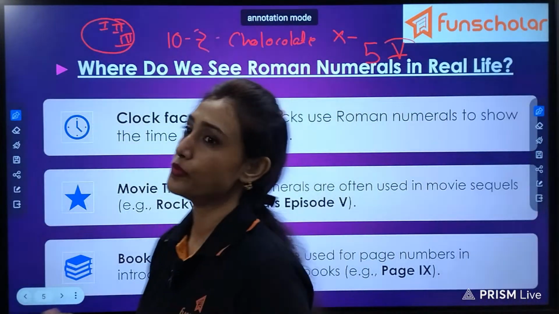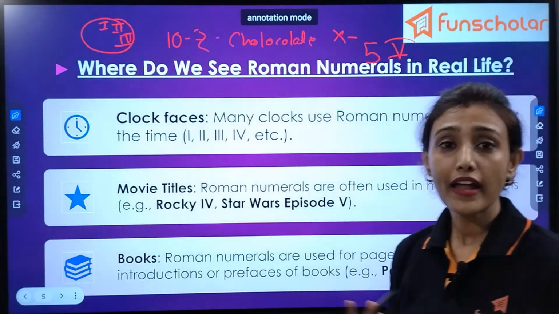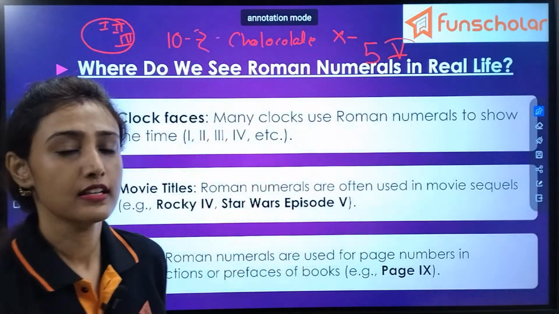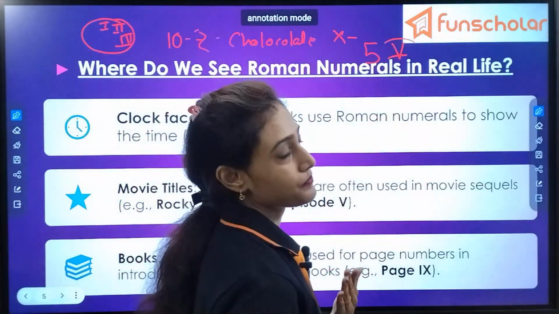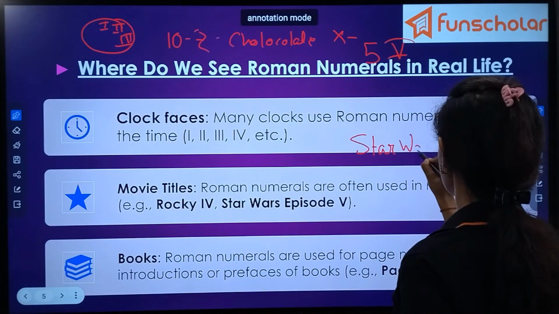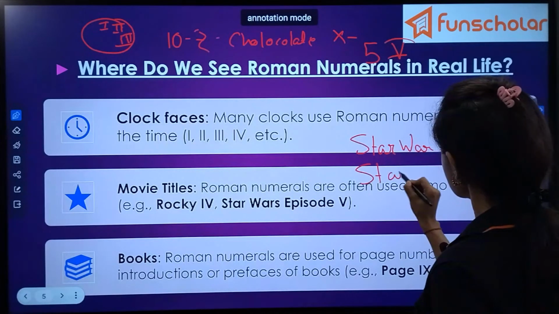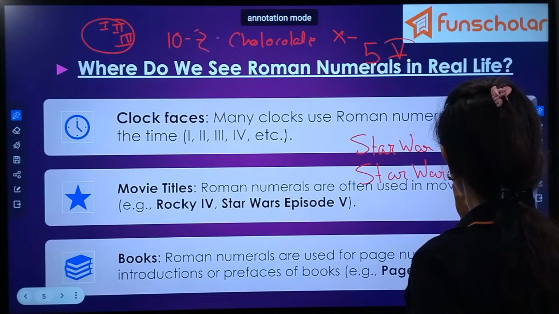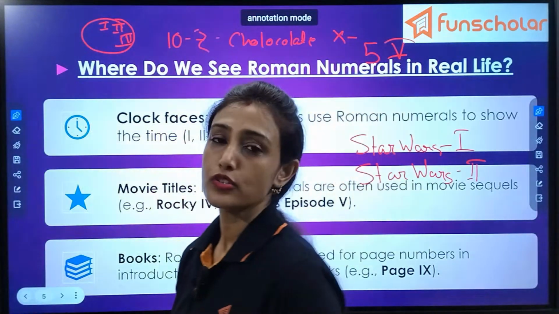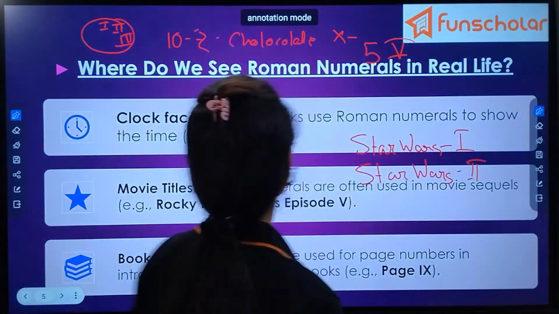Now there are several movies which come in sequences or in series where you will find the movies are written in the form of Roman numerals, like Star Wars 1, Star Wars 2, right? So that is why you use Roman numerals.